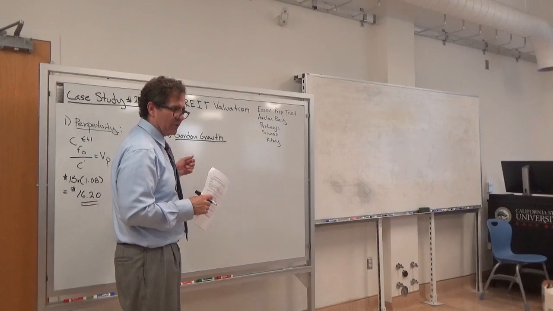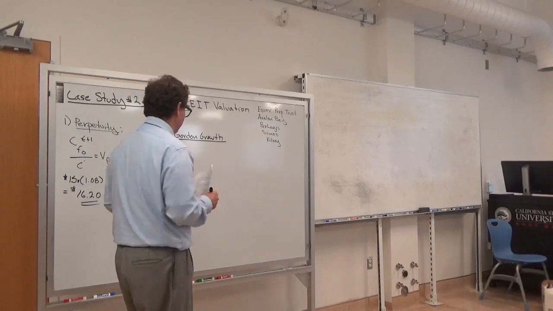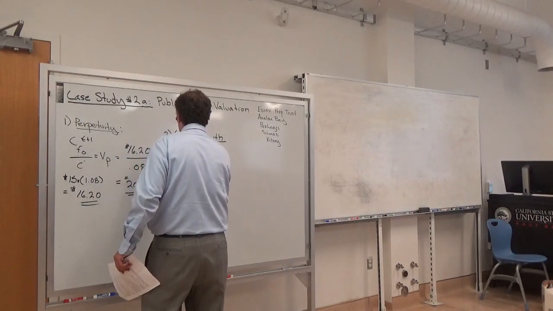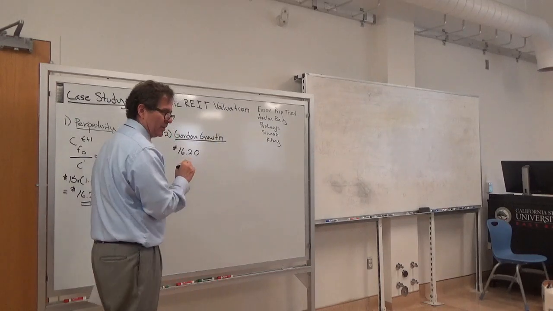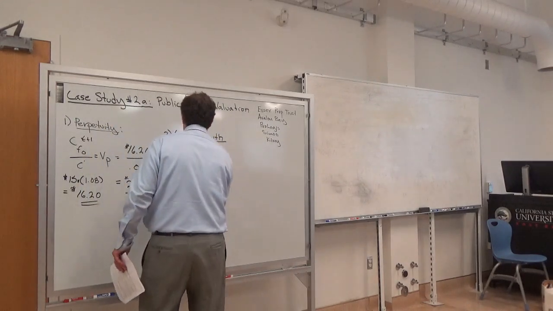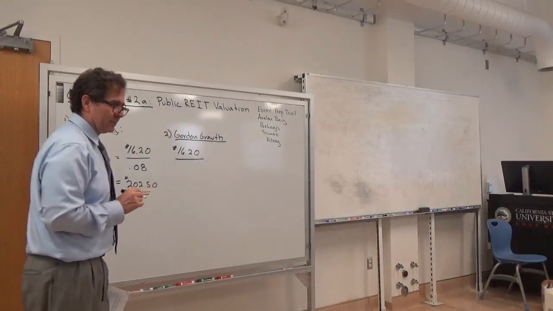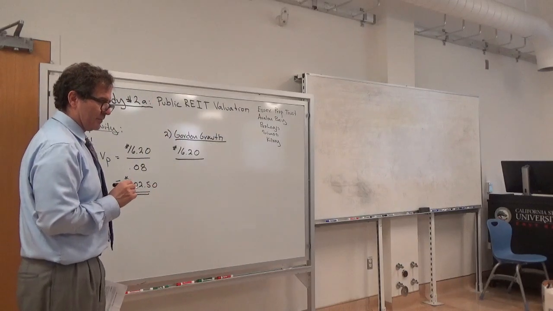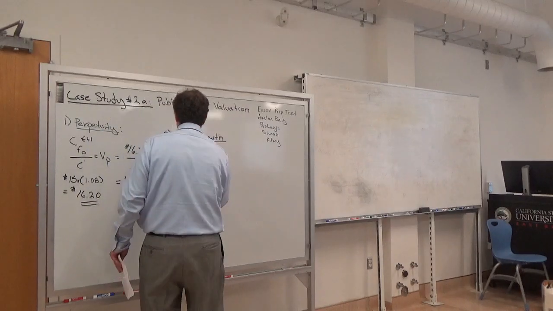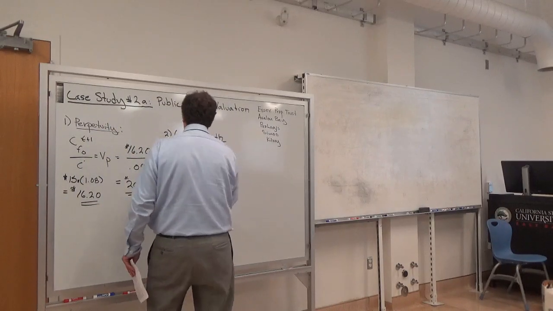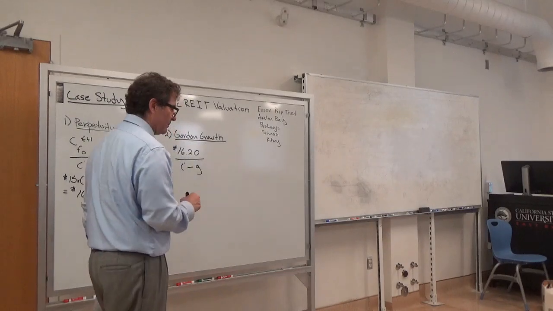Next year's, what's next year's cash flow? 16.20. Got it. And then what do we do with the 16.20? Divide it by the expected return minus the growth rate. Got it. I minus G. What's the expected return? 8%.